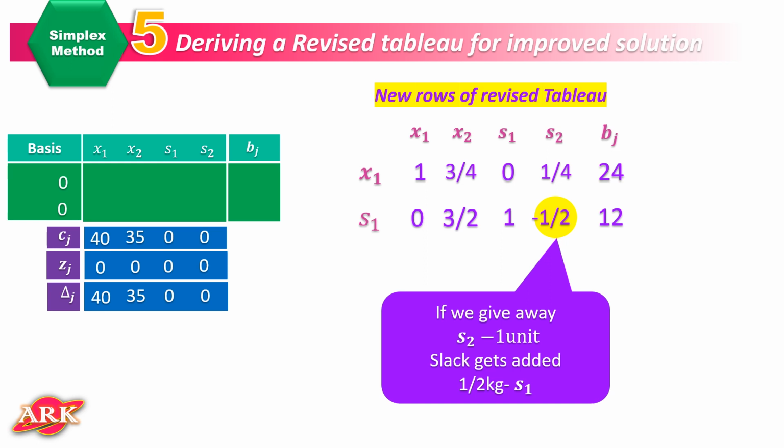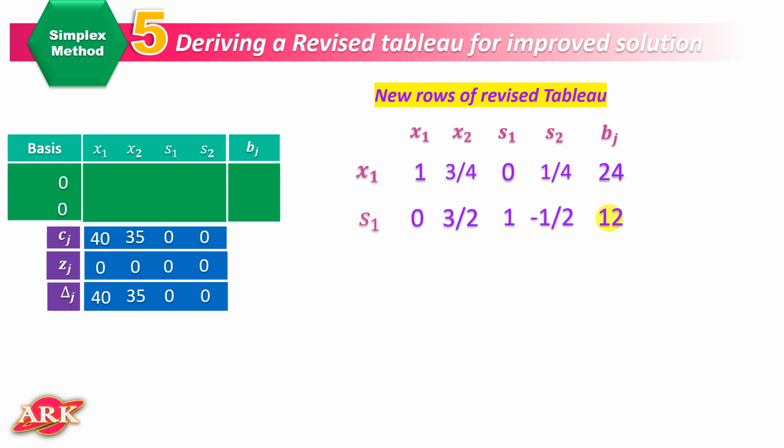For every 1 hour, we are utilizing half a kg of raw material. That means if we reduce the manpower by 1 hour, we give away half a kg of raw material, and that unused raw material will be added back to the slack.